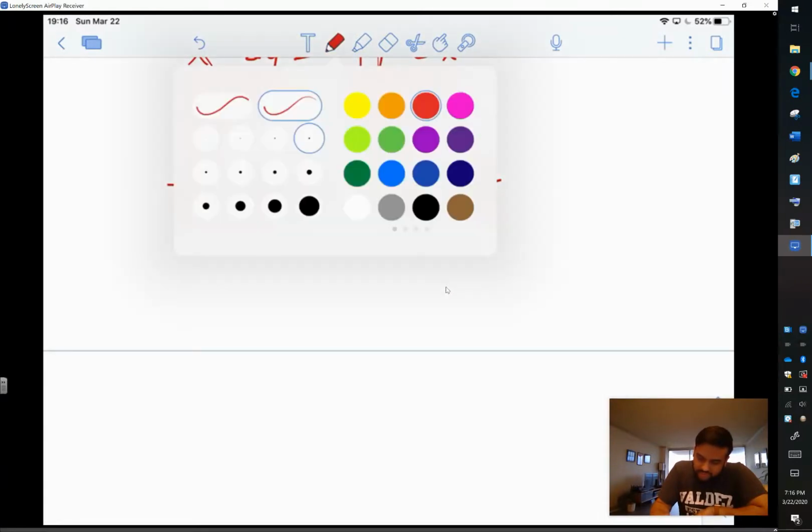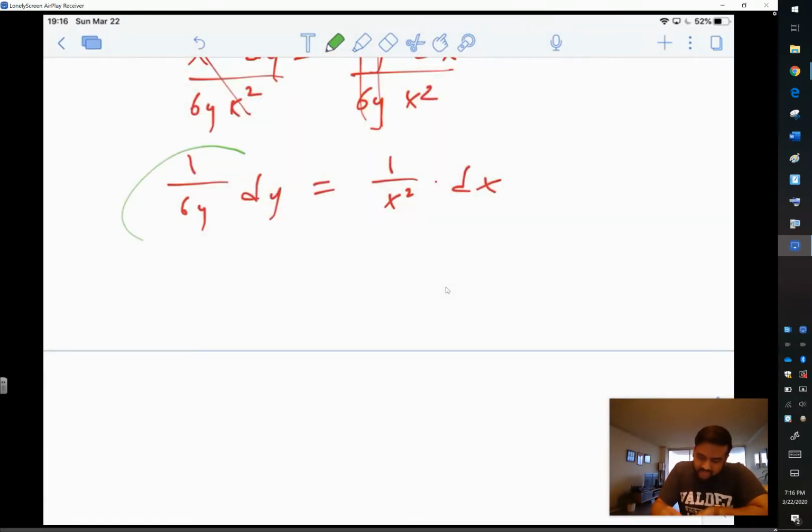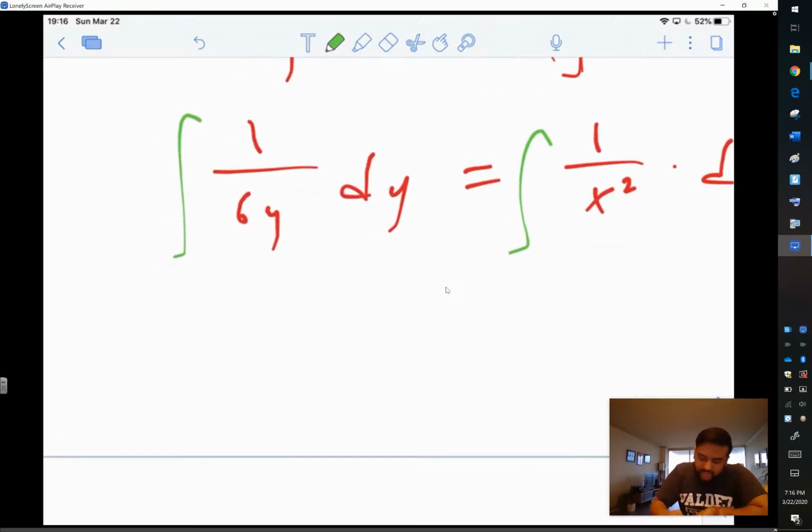This may look familiar to you in terms of what this looks like in terms of an antiderivative. You can tell I'm ready for an antiderivative because both sides have x and y isolated, separated. So let's go ahead and take the antiderivative. Over here, I can rewrite this as 1/6 times 1 over y dy.